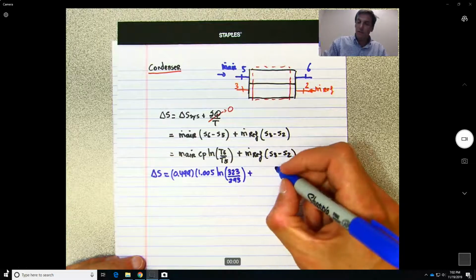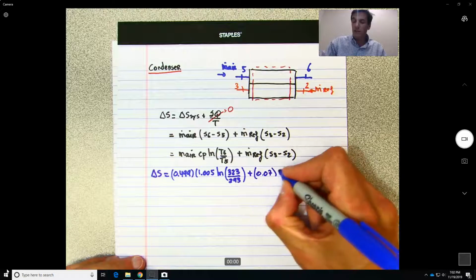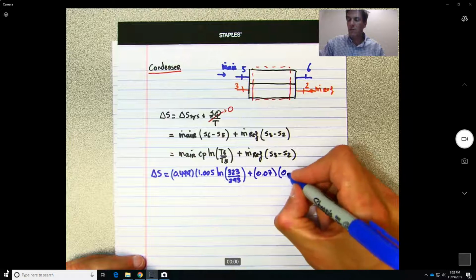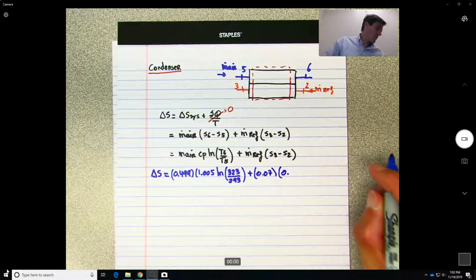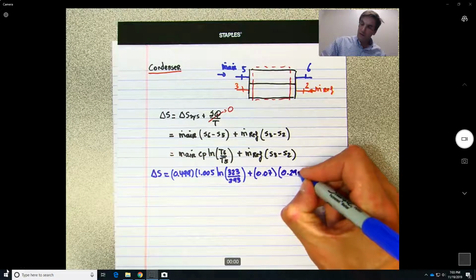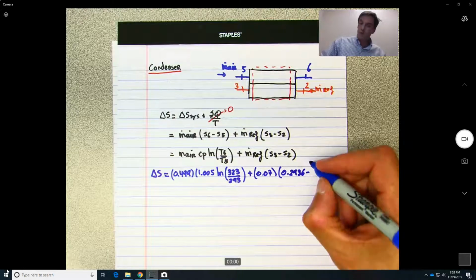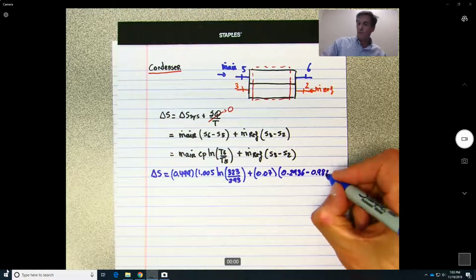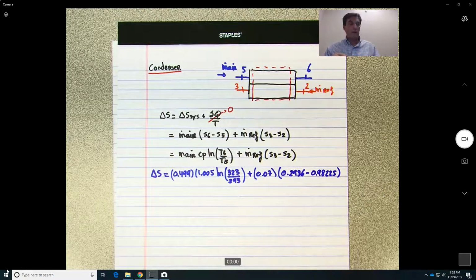Plus the mass flow of refrigerant, which is 0.07, times S3. I need to go check that value. It is 0.2936 minus S2, which is 0.98225. So you see this value will be negative, but that is fine. Okay, we'll see what is the meaning of that.